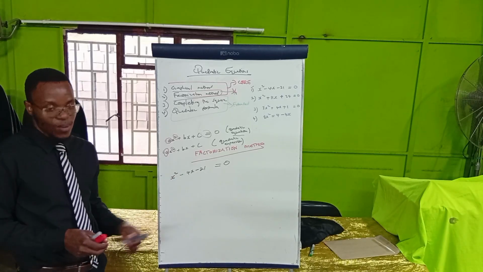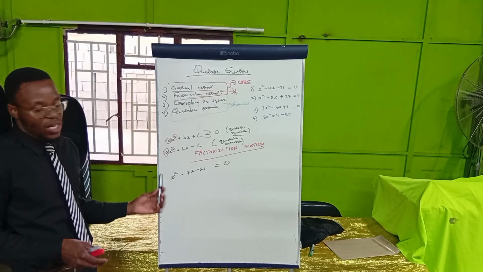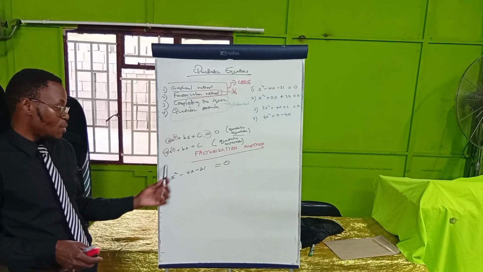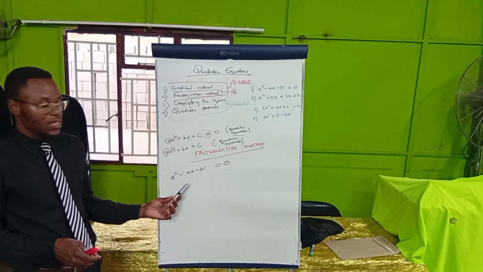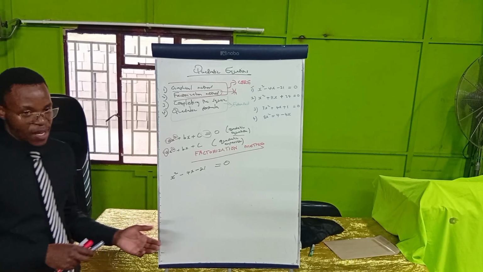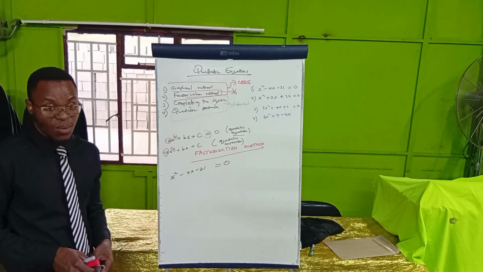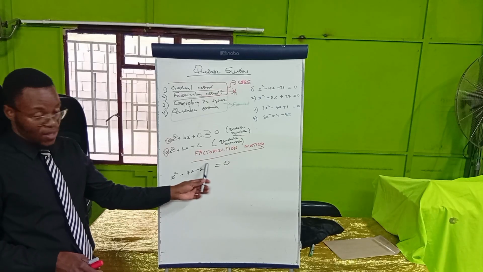The constant will always be the last term. It's made out of a power, which has the highest power being 2. It's got a middle term, which can be positive or negative, and it also has a constant, which can also be positive or negative. So the principle in factorizing a quadratic expression is that you focus on the constant first.